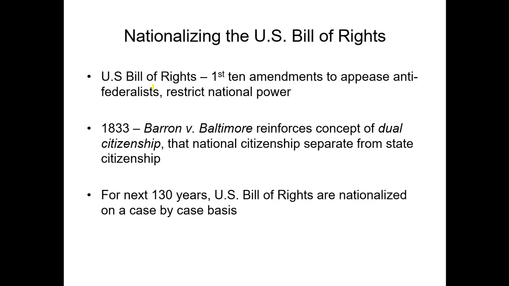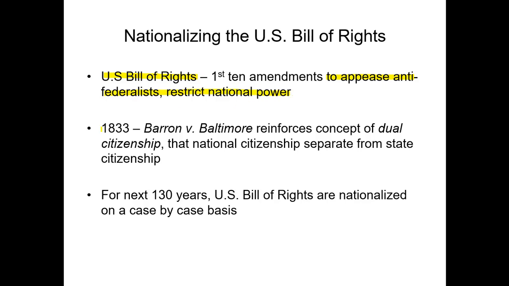One of the things that we mentioned in the evolution of our civil rights is that the United States Bill of Rights was initially submitted to appease the anti-federalists and to put some restrictions and more boundaries on the national government. These are the first 10 amendments.